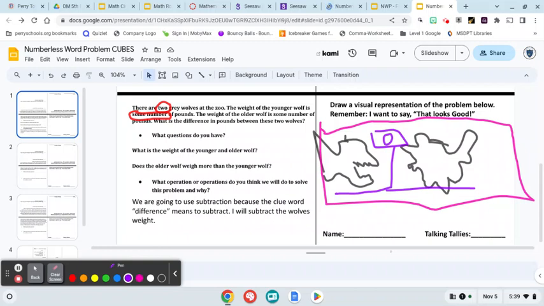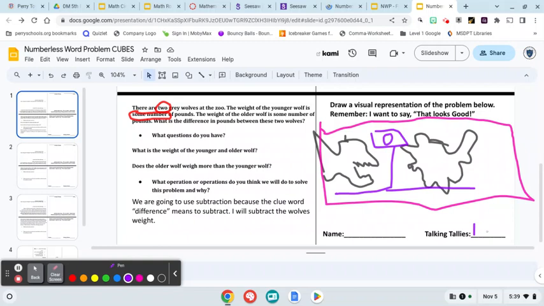After I've finished solving this problem like this today, I'm going to find at least 2 to 3 people to talk to about this problem. My talking tallies is what I'm going to use when I'm talking. When I'm talking with that small group, kind of like book clubs, if I say something, for example, a question that I had was, I don't know the weight of the younger wolf, I put a tally.